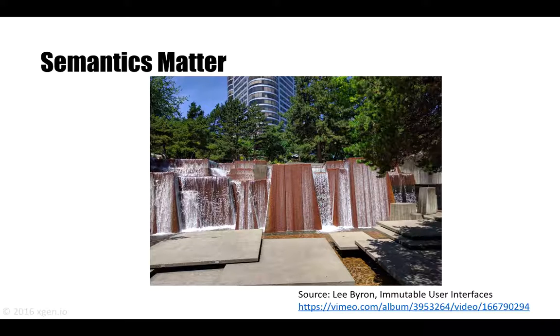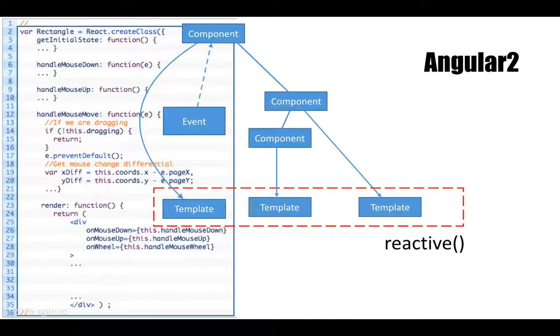So let's look at the semantics of some of the popular frameworks before we dive into the SAM pattern so that you get a sense that semantics are very important and you have to be very careful as to how you define those semantics. So if we look at Angular 2, I know this is some React code, but Angular looks fairly similar except that the render function is based on a template, not on some JavaScript function/JSX.